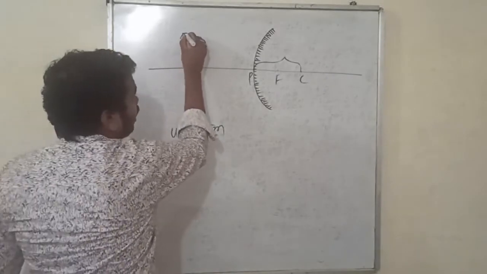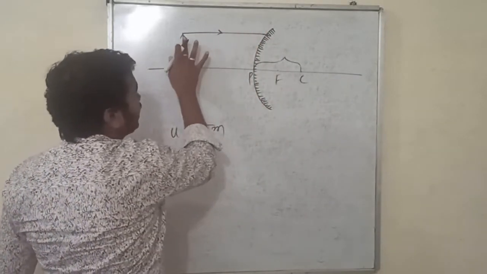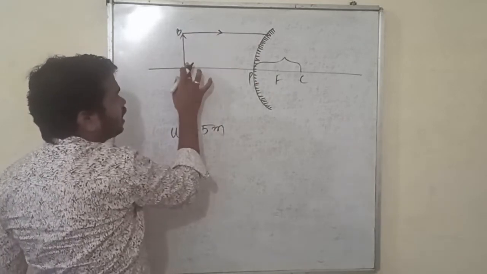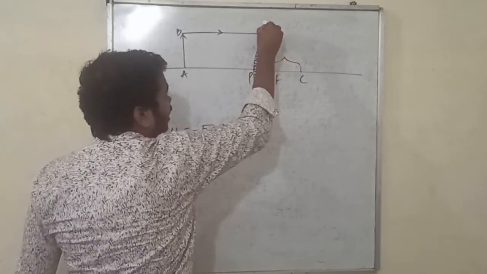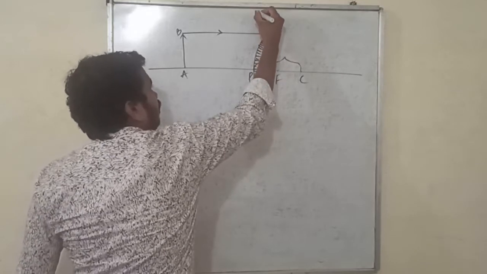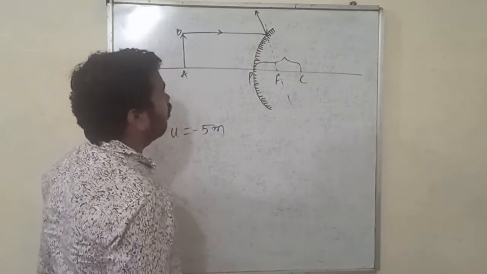The incident ray would be moving from the object to the mirror, so it will get reflected in such a way that if you extend it, the reflected ray would pass through the focus.